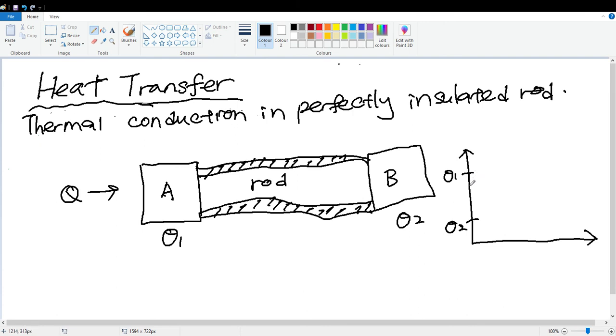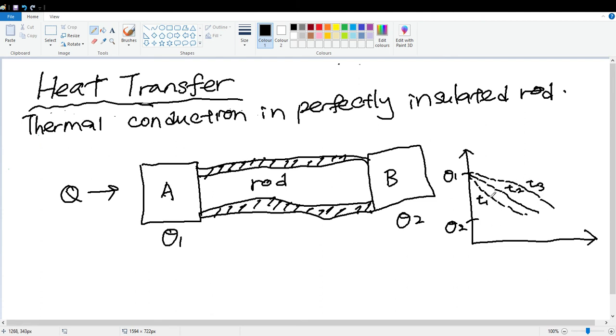So initially, for the first second, the second second and the third second, the temperature is actually varying. I consider this one as the first second, and this is the second second, which is T2, and this is T3.